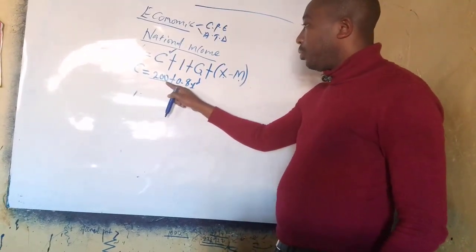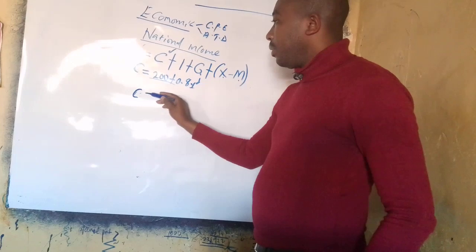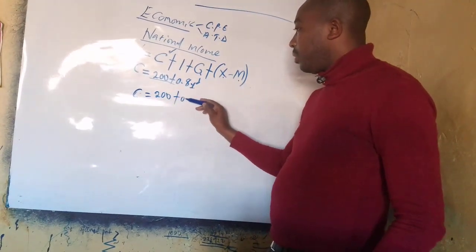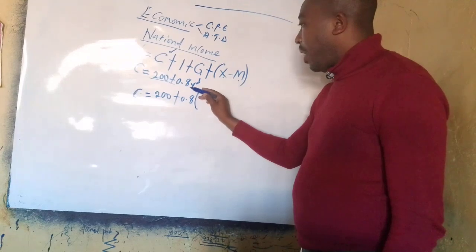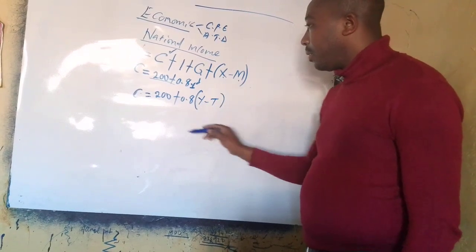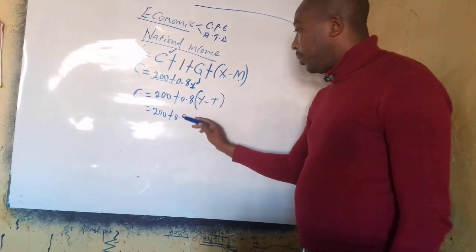As you can see, consumption is equal to 200 plus 0.8 YD, and remember we said YD is Y minus tax. I come here and say 200 plus 0.8.